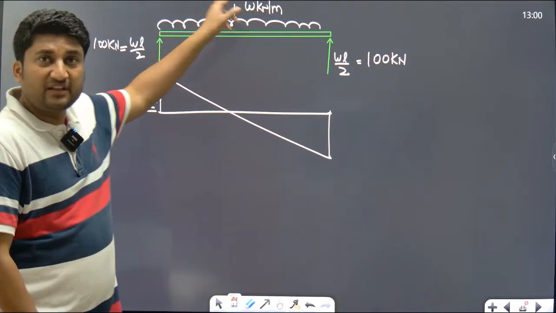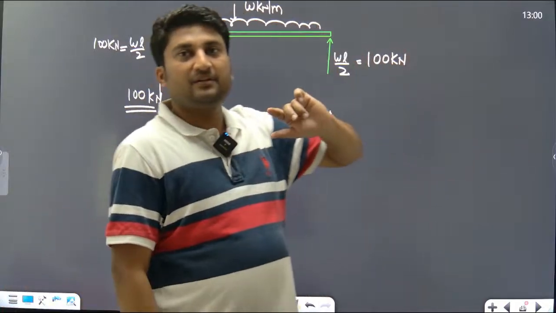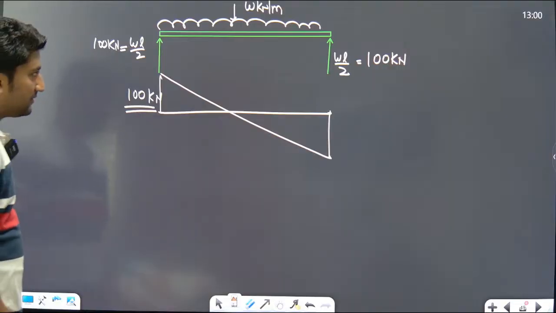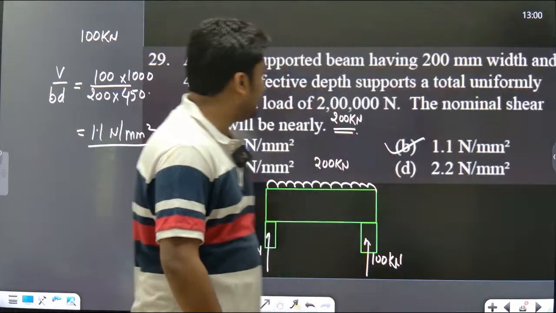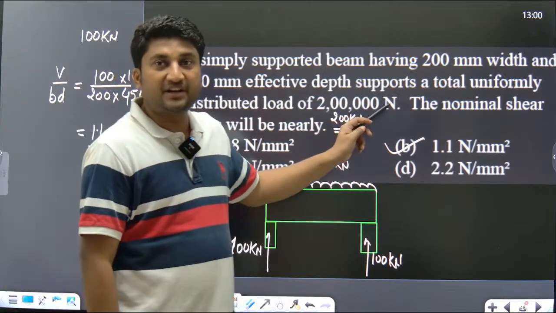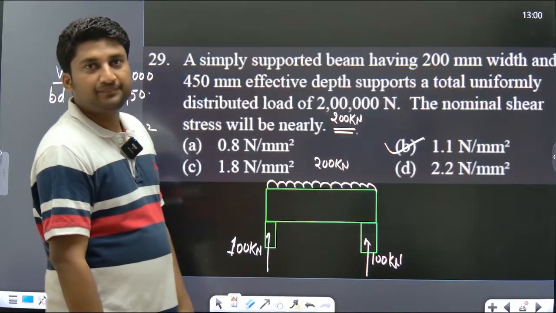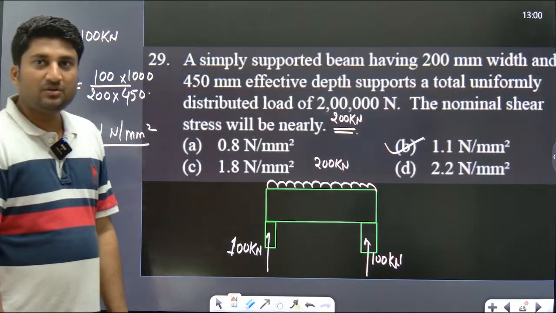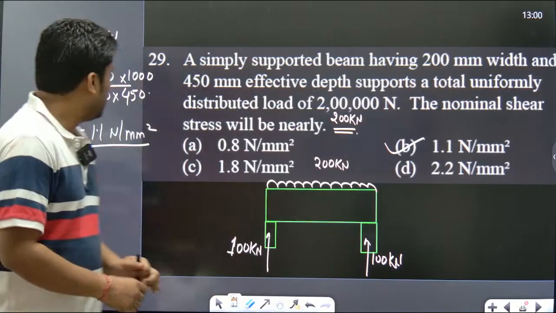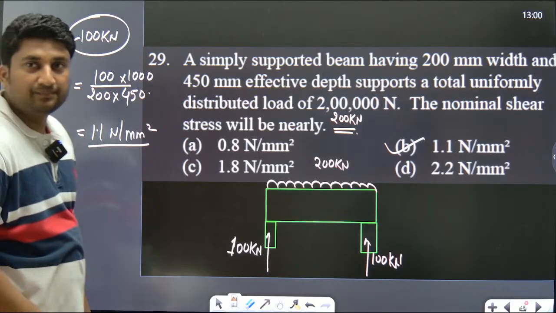So instead of giving the UDL intensity, he has given you the 200 kilonewton load. This total load is not intensity; it is distributed along the beam. Yes or no? So that was the confusion. That was the trick of that question. So this 100 kilonewton is to be remembered.